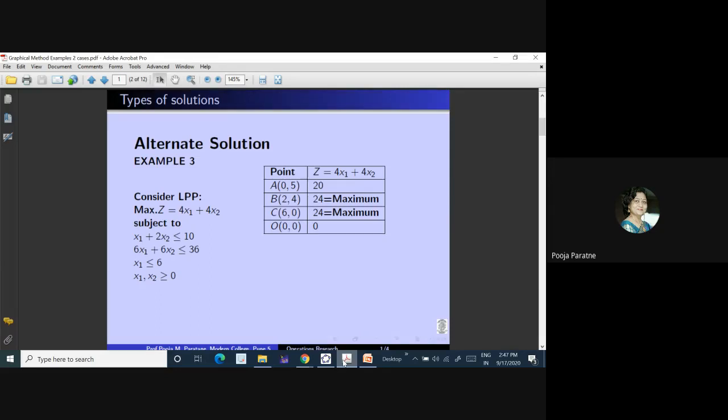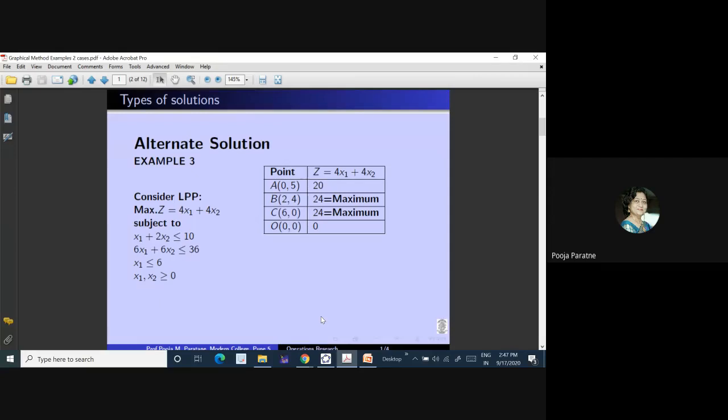Another vertex, which we obtained by solving constraints 1 and 2, is (2, 4). In the previous lecture, we saw how to find the point of intersection of two lines. The value of z here is 24.